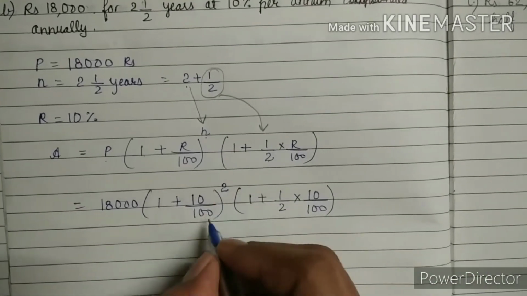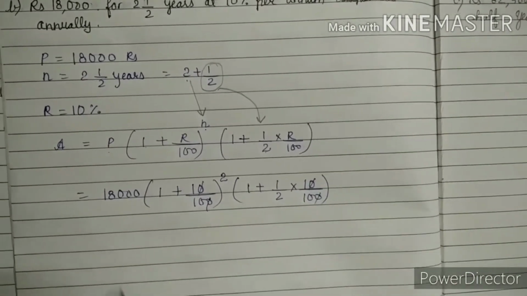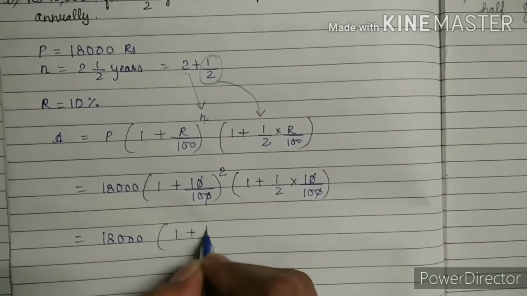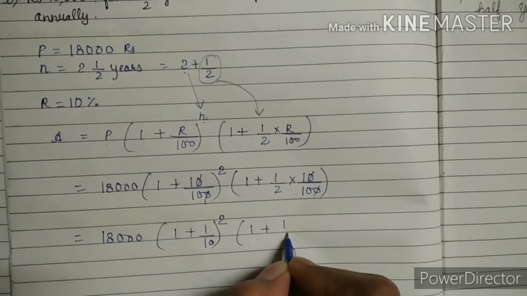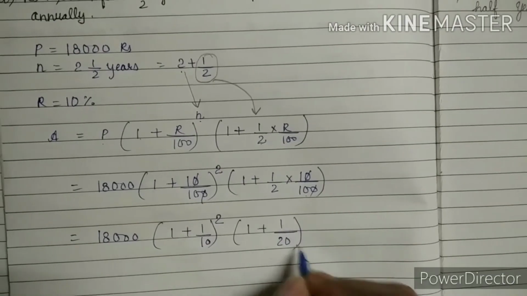In this bracket 0 to 0 cut, in this bracket 0 to 0 cut. So 18,000 into 1 plus 1/10 square, 1 plus 1 by what will come here, 2 into 10 is 20.